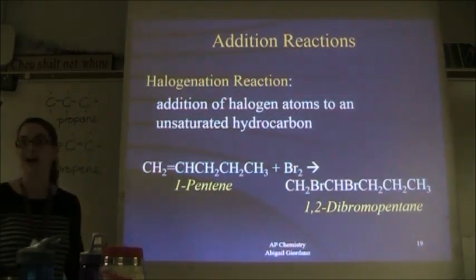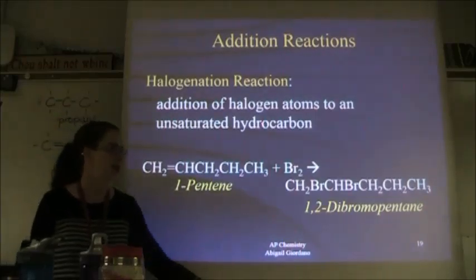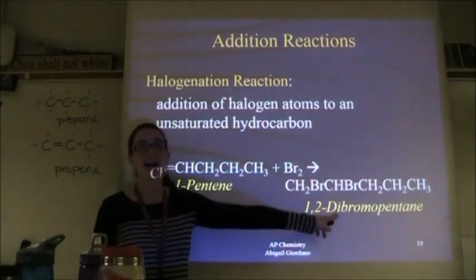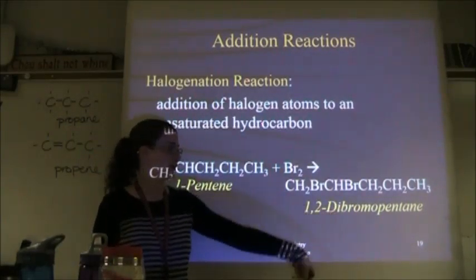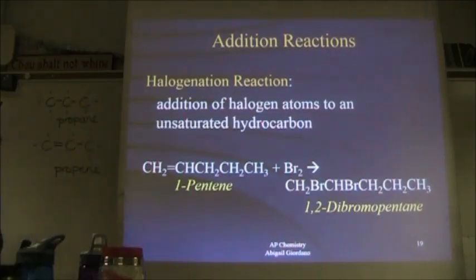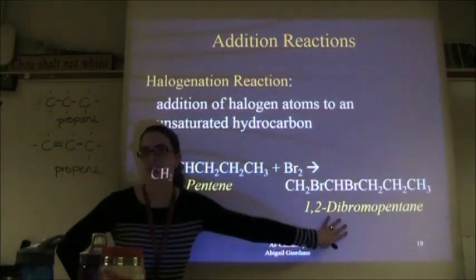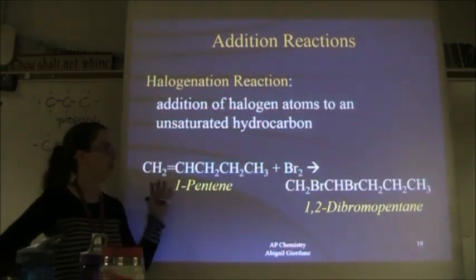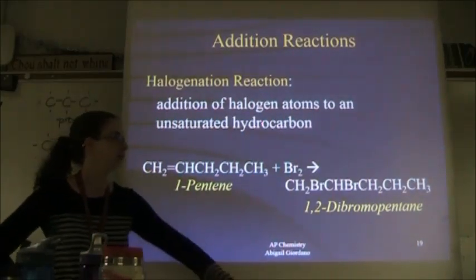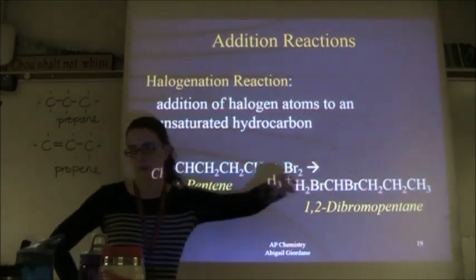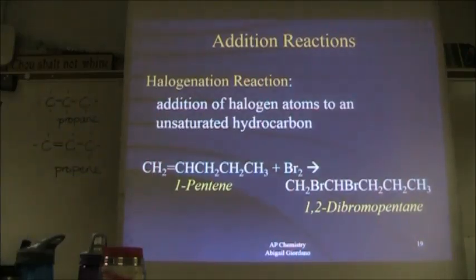If it's iodine that got added across, it would be 1,2-diiodopentane. But these are all processes that turn something unsaturated into something that is saturated. Something that has a double or triple bond to something that is all single bonds.